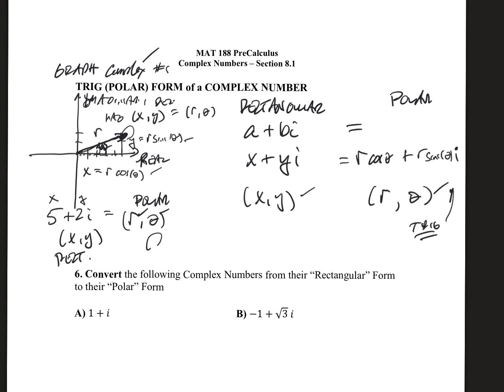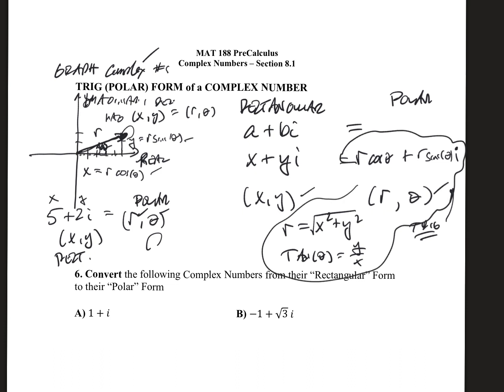We can also further say that r satisfies what we've always known: r squared is x squared plus y squared, and the tangent of theta is my y value over my x value. So there is basically your polar form. We can go from a rectangular situation in the complex plane to a polar form in our complex plane.